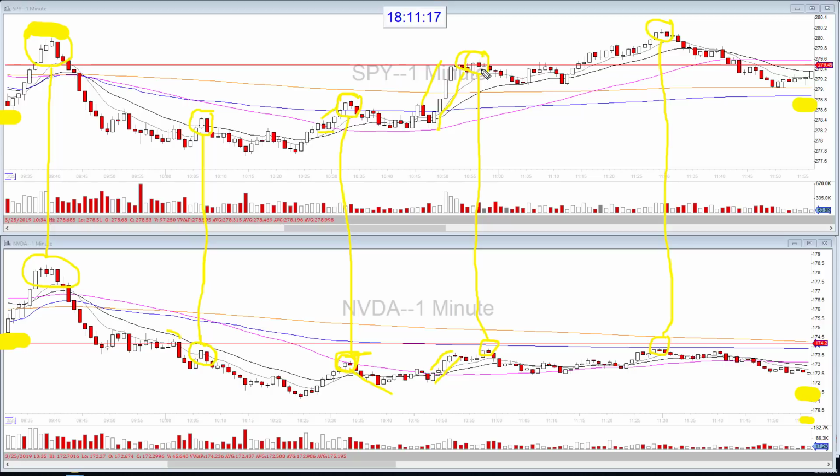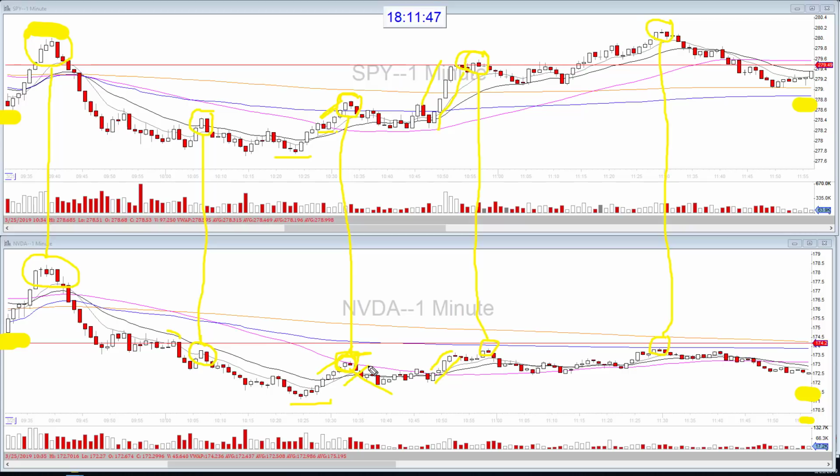So overall, you've got to understand SPY is looking stronger. Now, you can't even use VWAP in this technical analysis in the same way you use it on a stock, but in general, to think that if you're trading NVIDIA, and both SPY and NVIDIA at this moment are under VWAP, and SPY is looking to go above VWAP, that NVIDIA thus has to go above VWAP, it doesn't work like that.